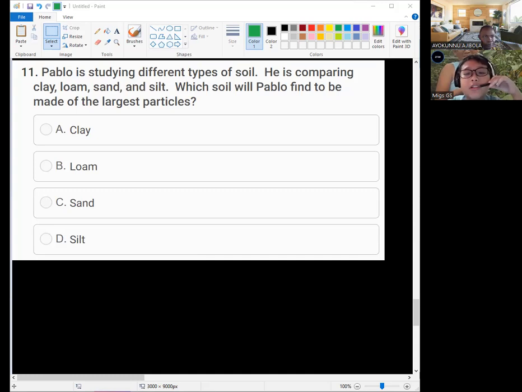Which soil will Pablo find to be made of the largest particles? Wait a minute. He's comparing all these. Which one will contain the largest particles?